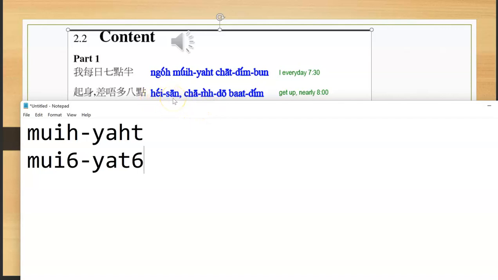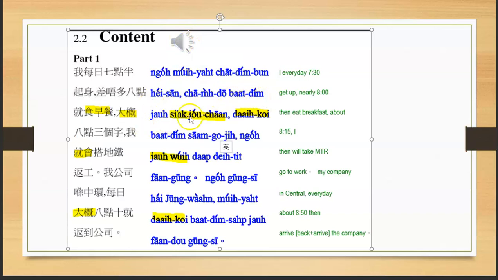Okay, get up is wake up, and it is not wake up, it's get up. Your wake up is another word. Then around 8:30 then I eat breakfast. They are similar ideas. A quarter past 8.